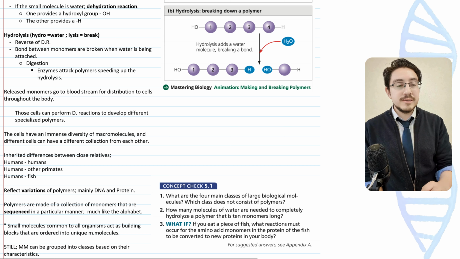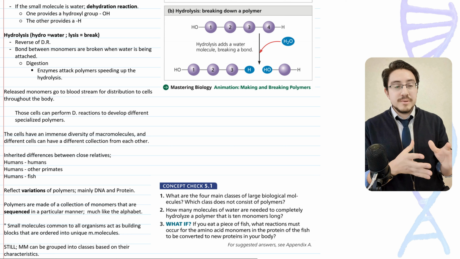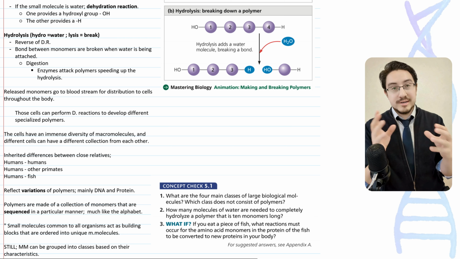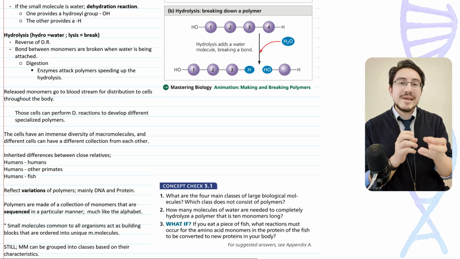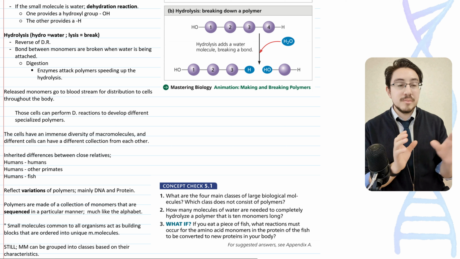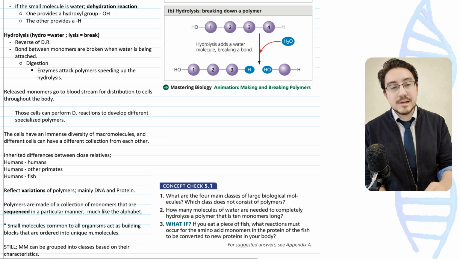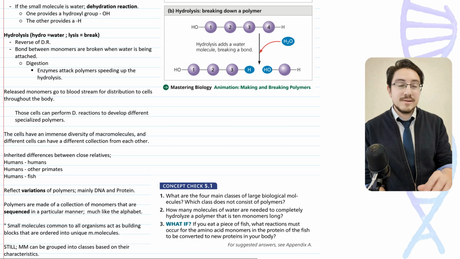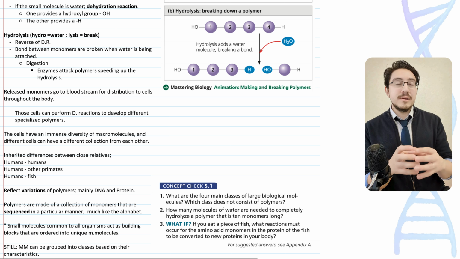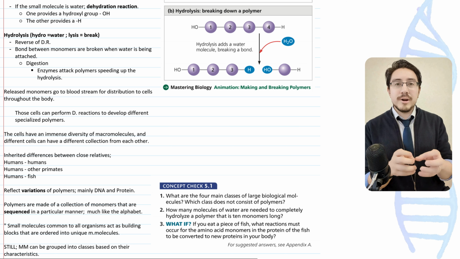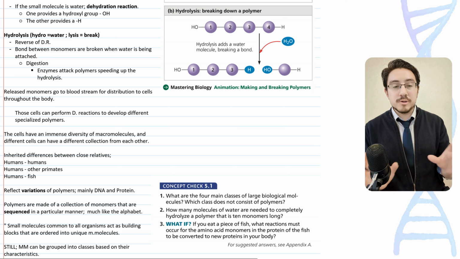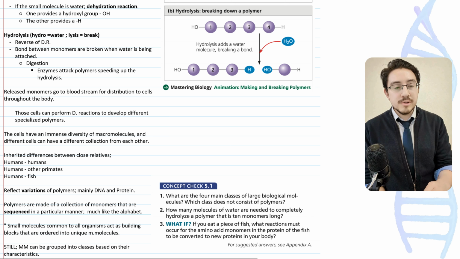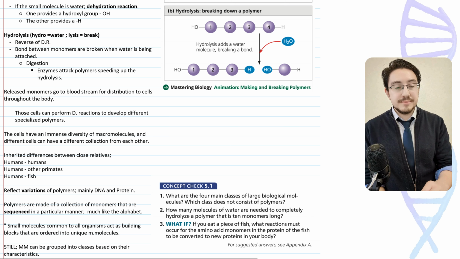So what happens? The bonds between monomers are broken down, and water is attached to the resulting 2 subparts. This happens a lot during the process of digestion. Enzymes help water come in and break a polymer into subunits, into smaller parts, so they help speed up that reaction.